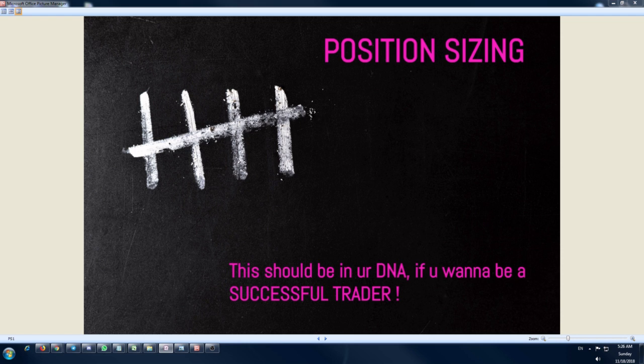I don't think so. And if you make 20 losing trades, then you are not made for trading. I'm sorry to mention this, but this is the hard fact. If you are following the right technicals and everything is right, there is no way you can lose 20 trades in a row. So having the right position sizing will make sure you stay longer in the market.